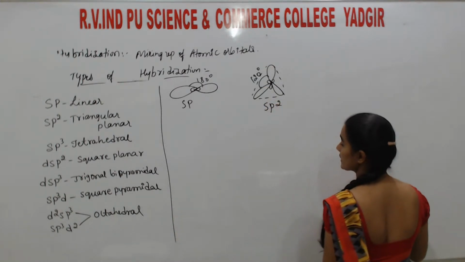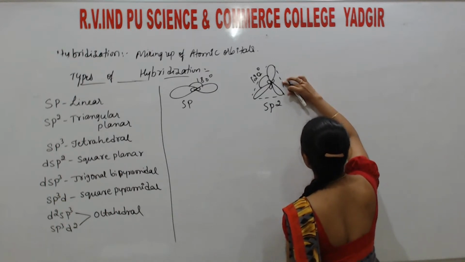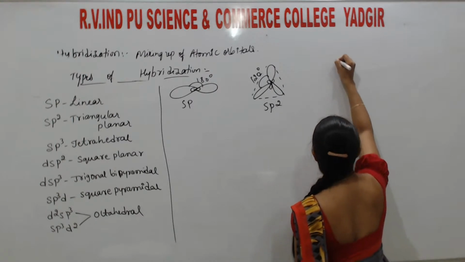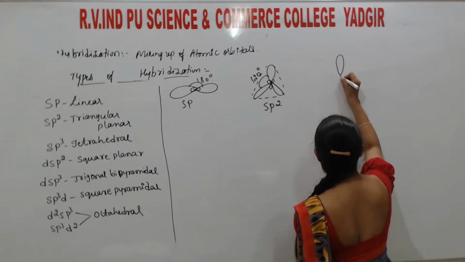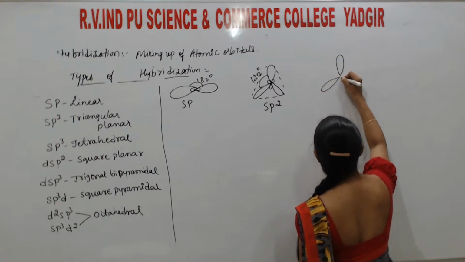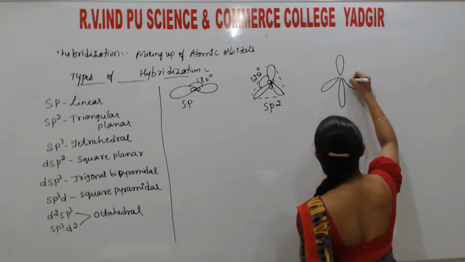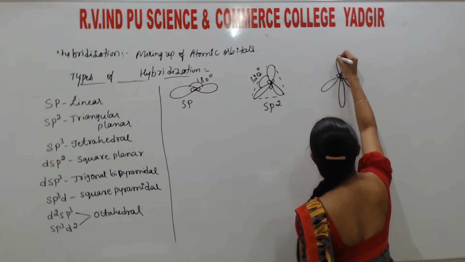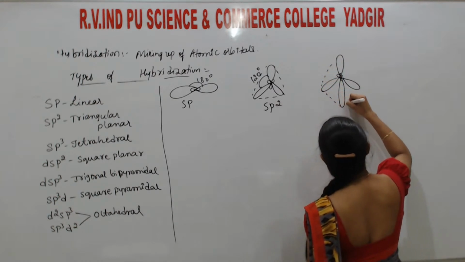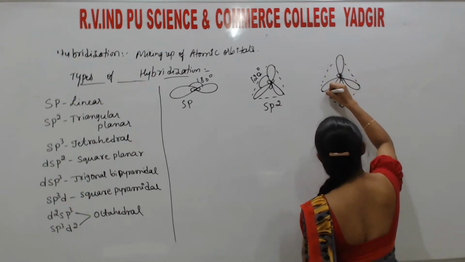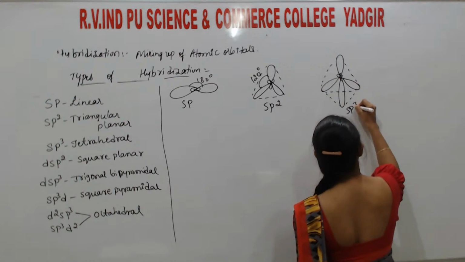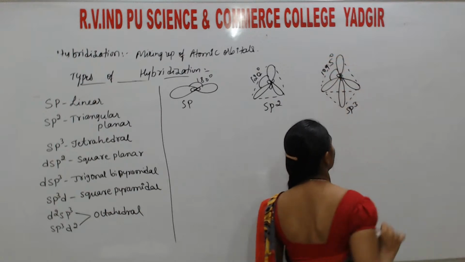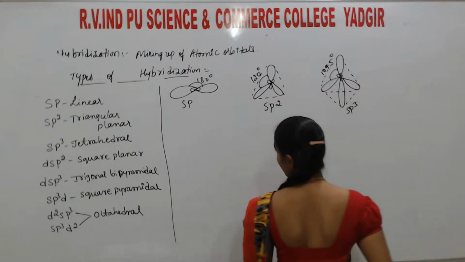Next, sp3. I simply write like this. Okay, I won't write small angles here. This is sp3 hybridization. The bond angle here is 109.5 degrees.